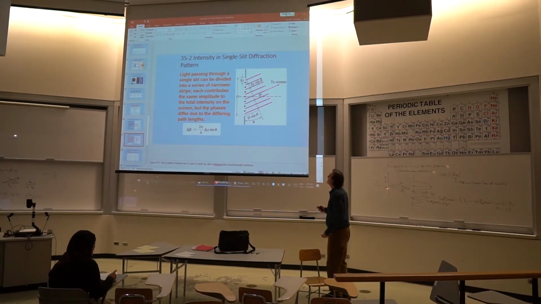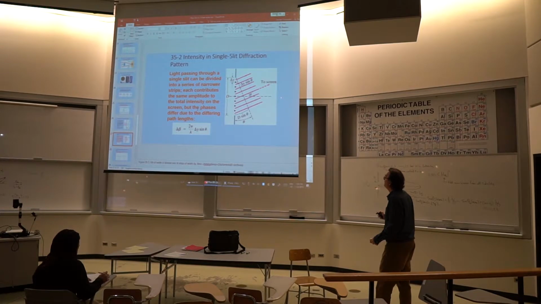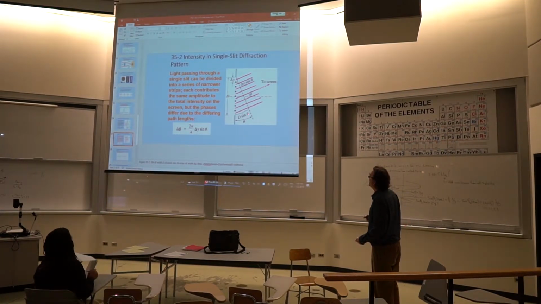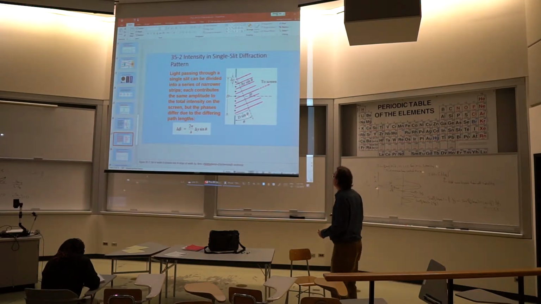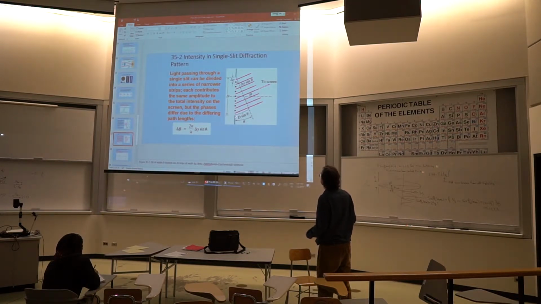Now, keep in mind here that as I go off to a distant point P on the screen, if I'm looking off at an angle theta, then the sine of that angle can be given by this distance divided by this distance.